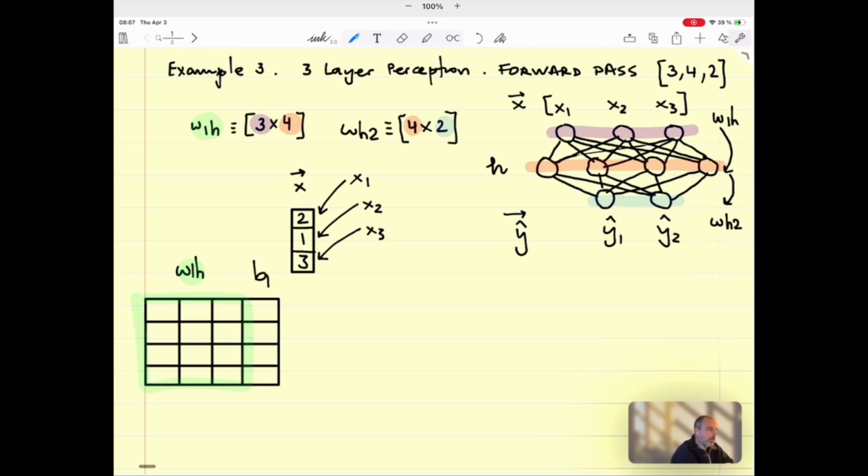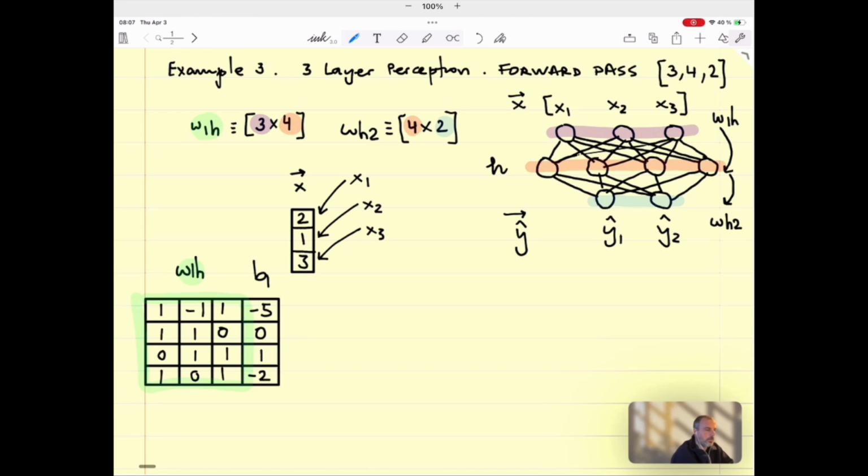So let's fill it with numbers. This could be any numbers, okay. 1, 1, 0, 0, 0, 1, 1, 1, and 1, 0, 1, -2.